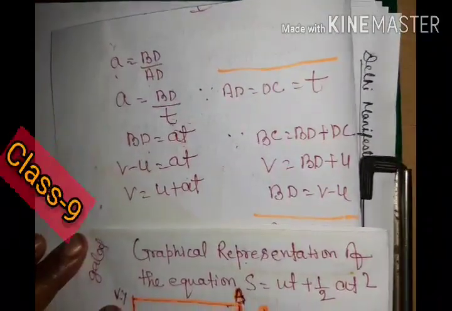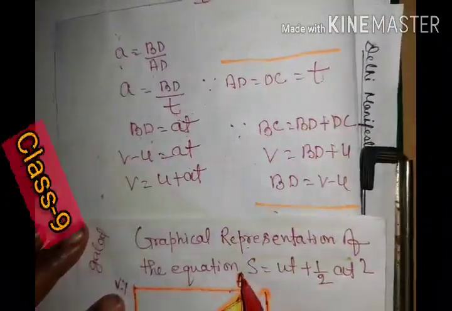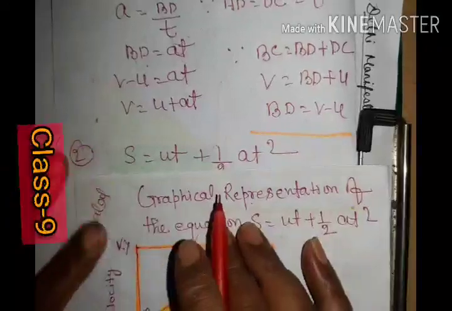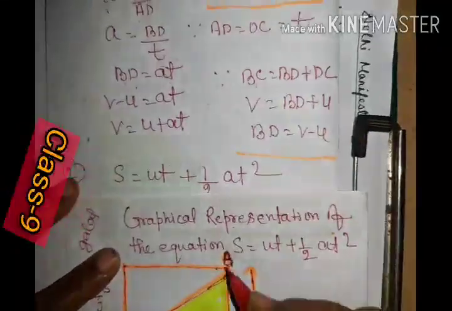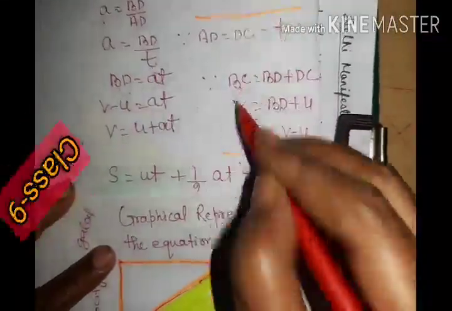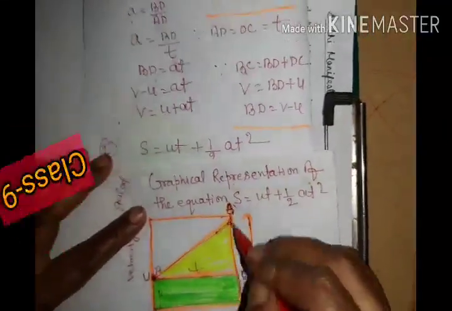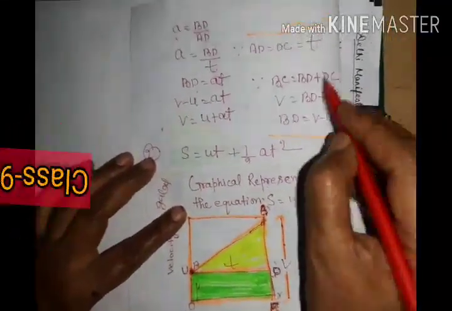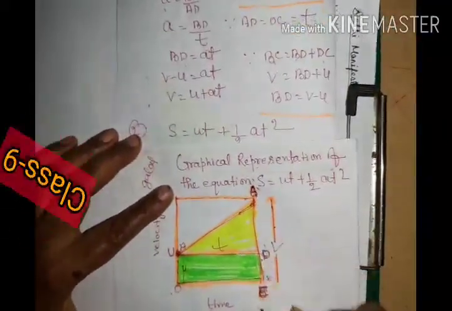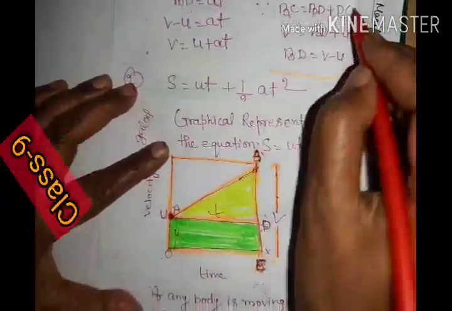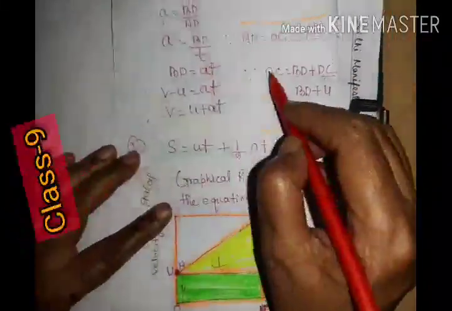So at is equal to BD. BC is equal to BD plus DC, so v is equal to BC.